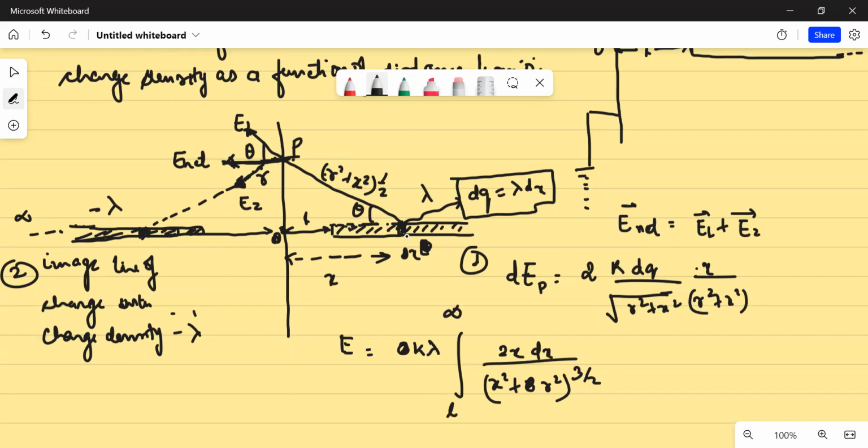So it will incorporate the contribution from all infinitesimally small differential elements on this line of charge. And equal in magnitude, such contributions I will account from this image line of charge. So in totality, I'll find that the net electric field at point P would be in this direction, and therefore I have written 2 times. Bharat, is that clear?